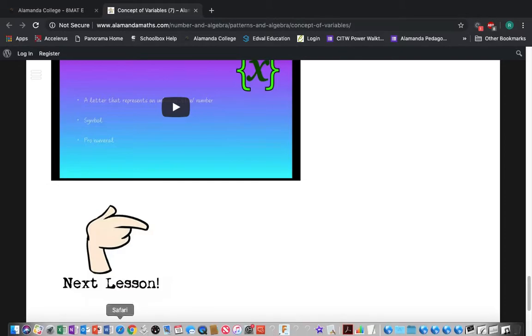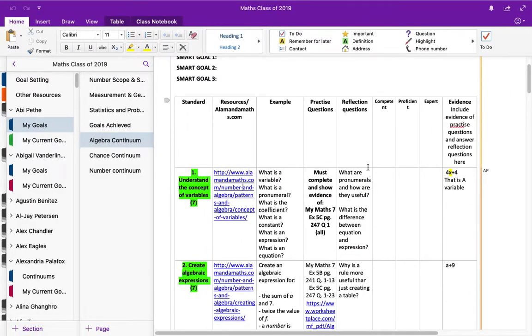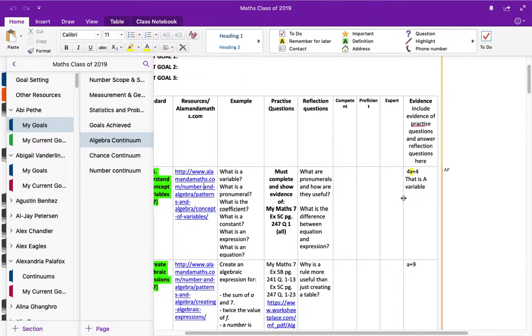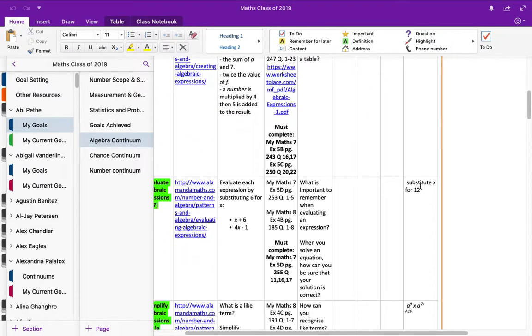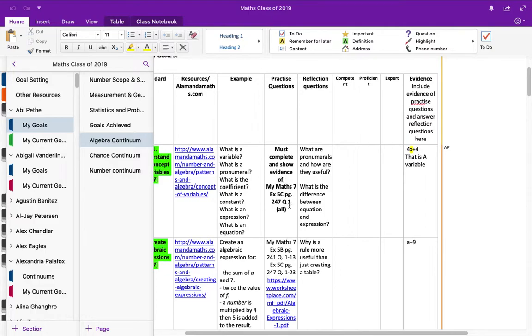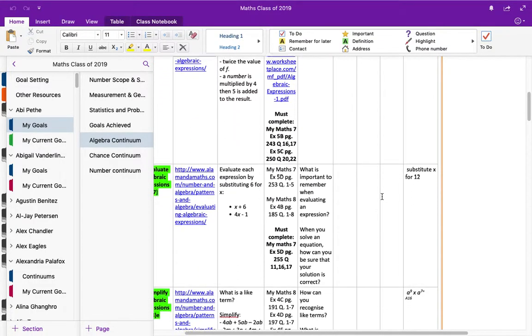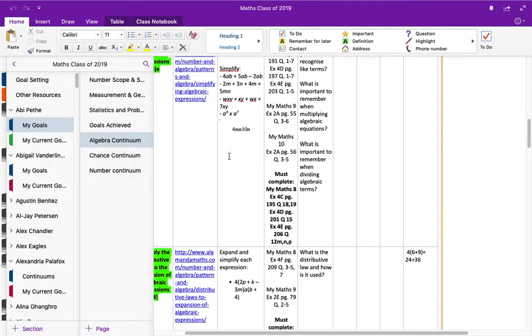Students also upload evidence that they've completed that task, whether it be textbook questions or worked examples of what they've done to prove it.